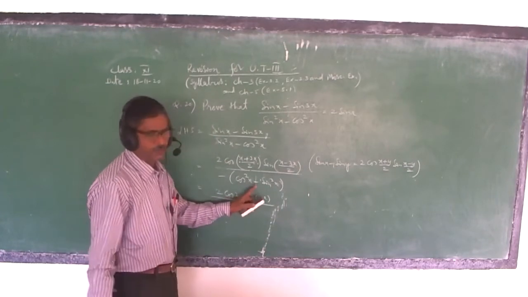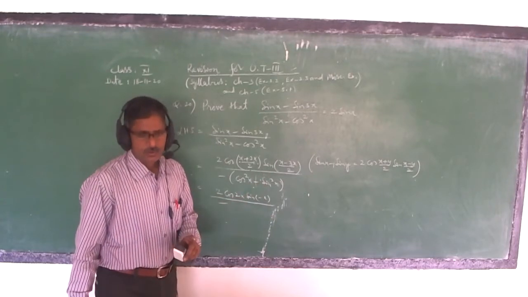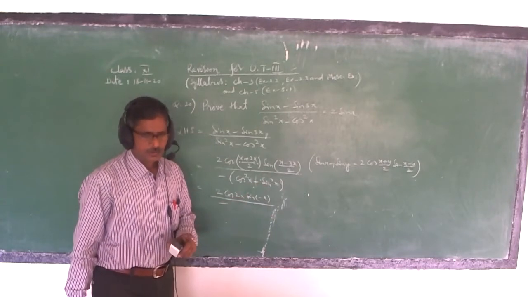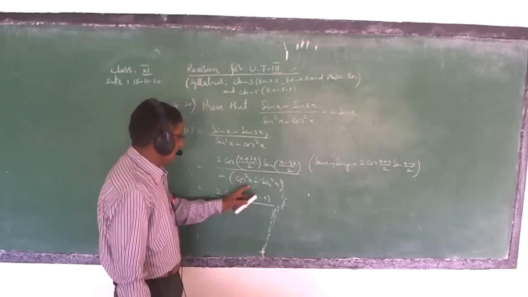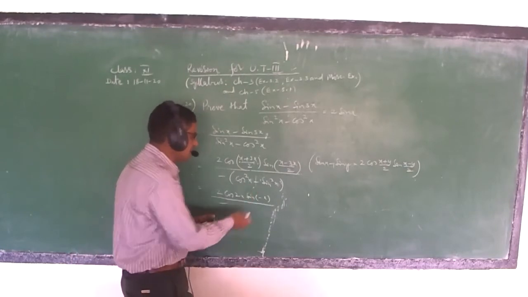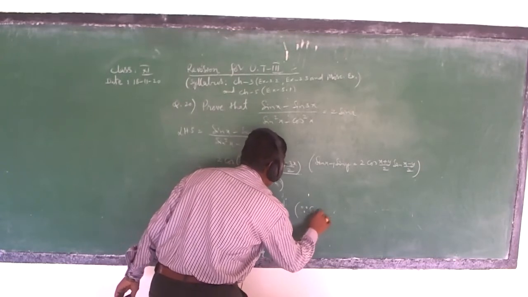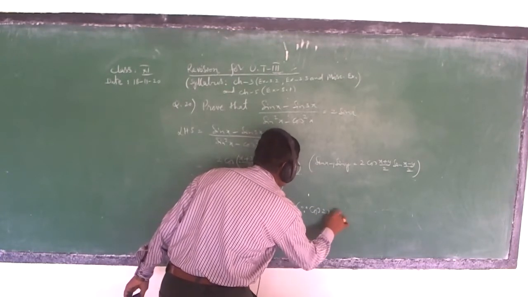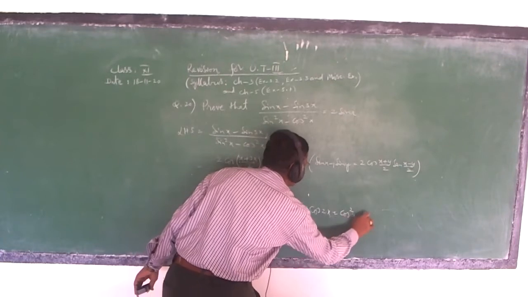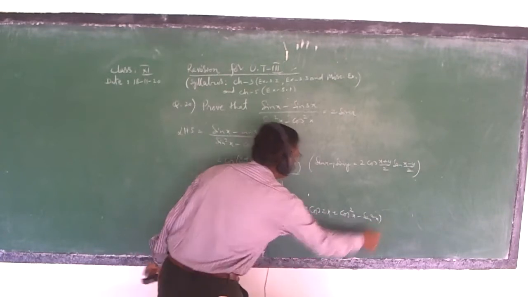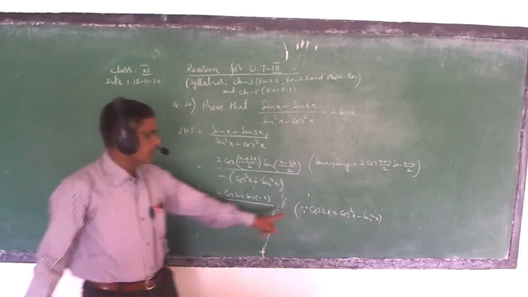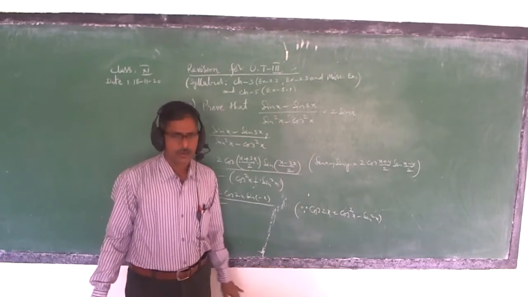Now this is the formula for something. Cos square x minus sin square x is the formula of cos 2x. Cos 2x equal to cos square x minus sin square x. Here I'll tell you one more thing. For cos 2x there are 4 formulae totally.